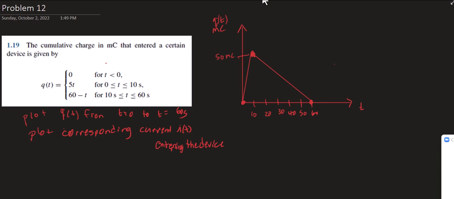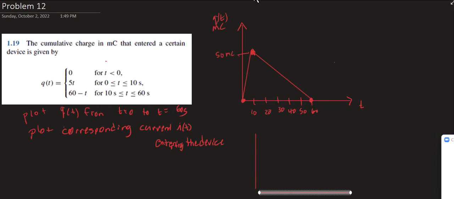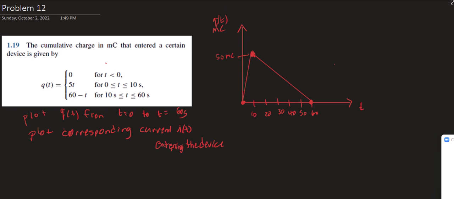Now we want current versus time. And if you don't know it, you should definitely have written on your formula sheet that I equals dq/dt.